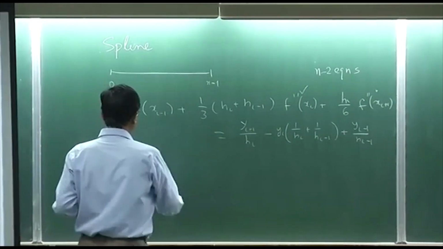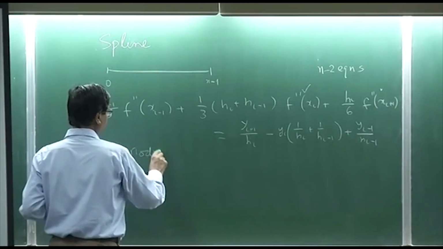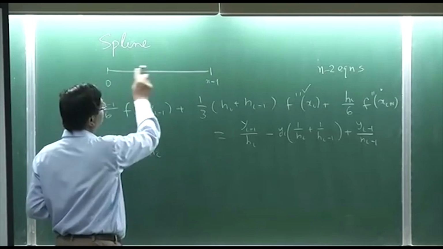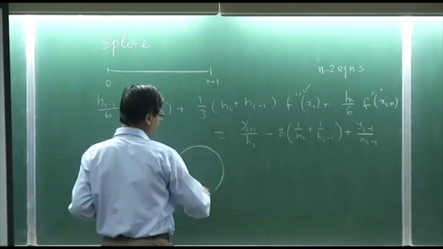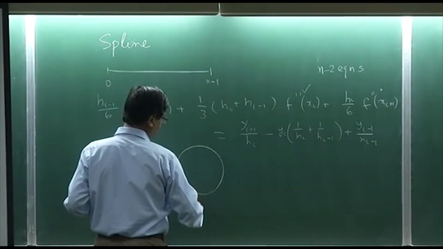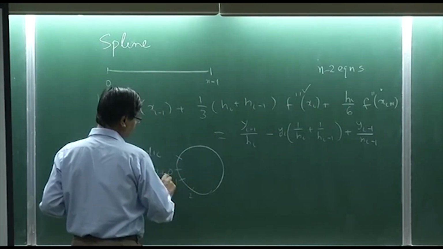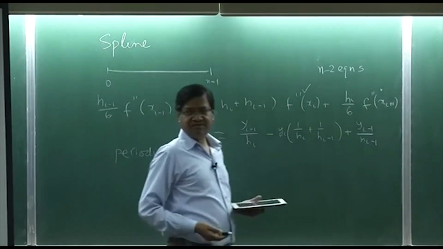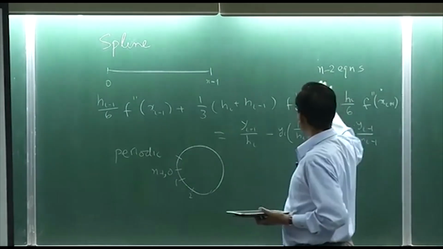So if we assume periodic, then these 2 points are the same. Okay, so it's like in a circle. So 0, 1, 2 like this, and this becomes n minus 1. So effectively we have one less point, then we need one less condition. So it's already n minus 2.